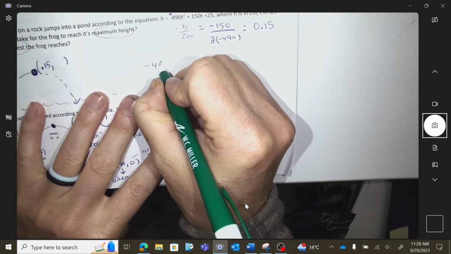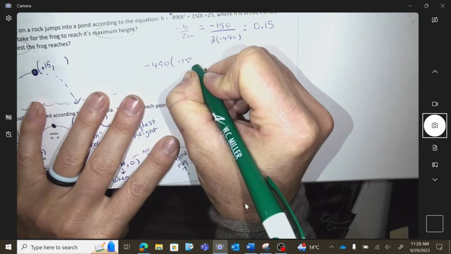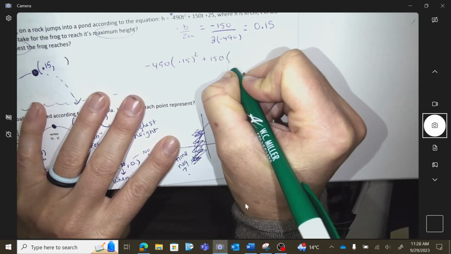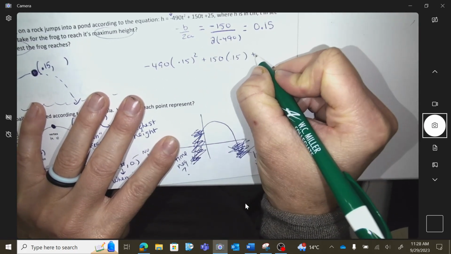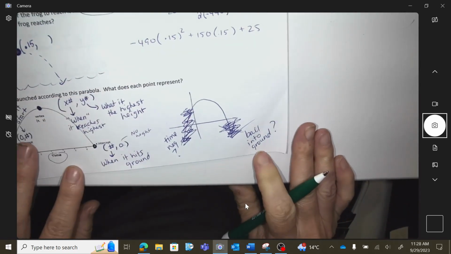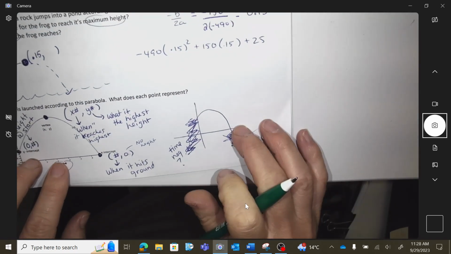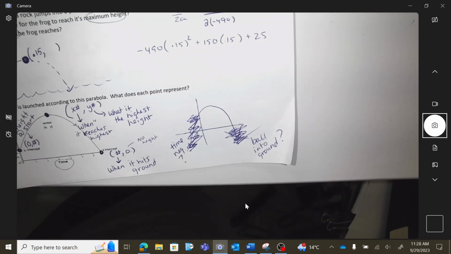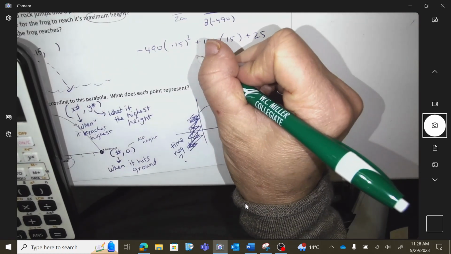So negative 490.15 squared plus 150 times 0.15. So this is me plugging it in. And I'm going to go 2 decimal places.